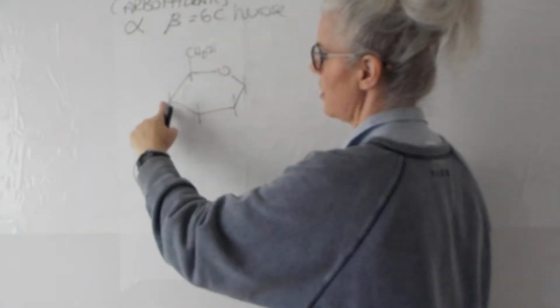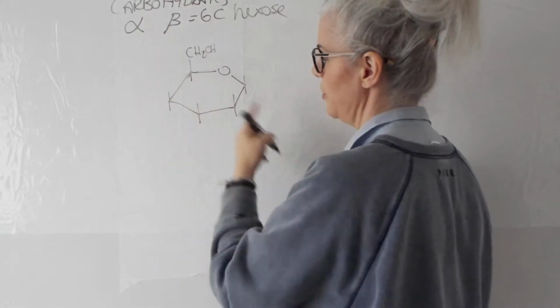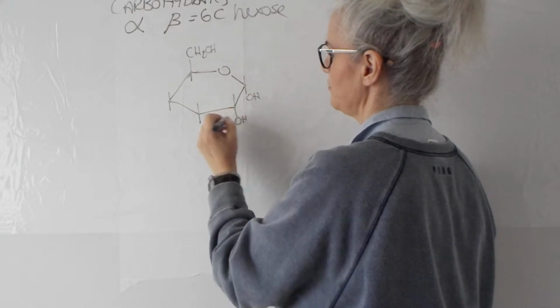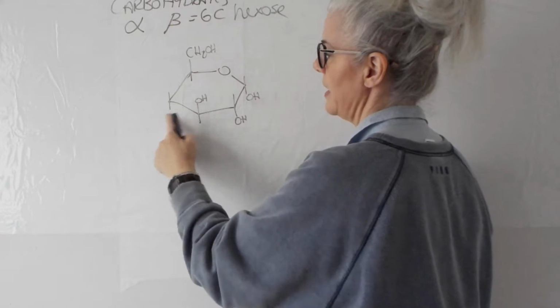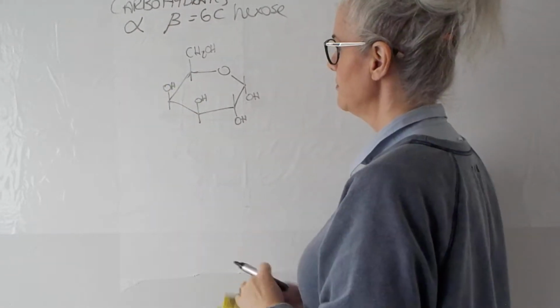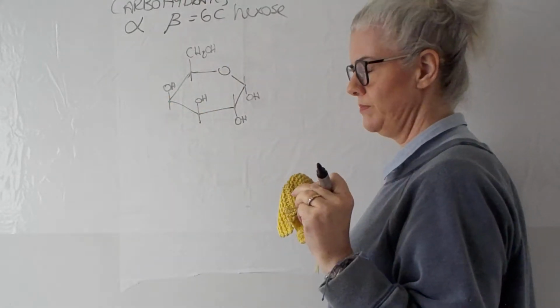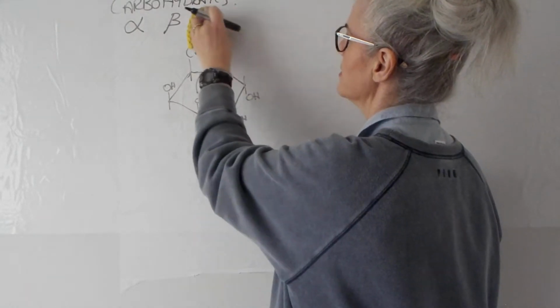But on this carbon, carbon 4, the OH and the H are the other way around. So on alpha glucose, it's below, and on galactose, it's above. Okay? So they are 3 hexose sugars. They are the 6 carbon sugars.